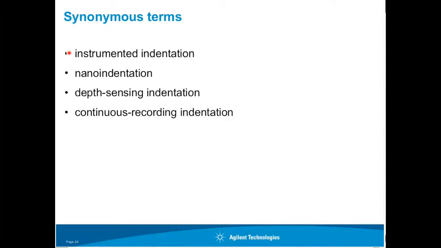In other words, it's not the size that makes it what it is. It's the fact that we are continuously monitoring force and displacement, and that can happen at any scale and has benefits at any scale. So that's my reason for differentiating between these two terms, but really all four of these things mean exactly the same thing.